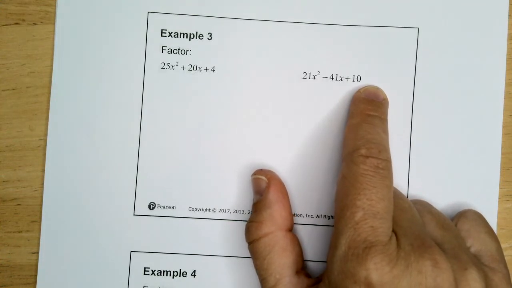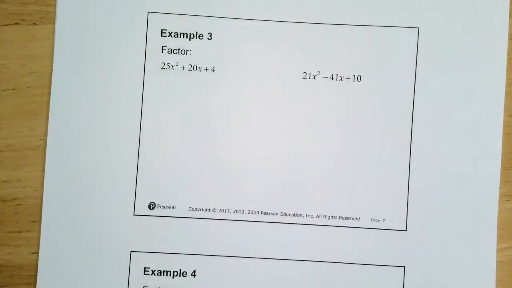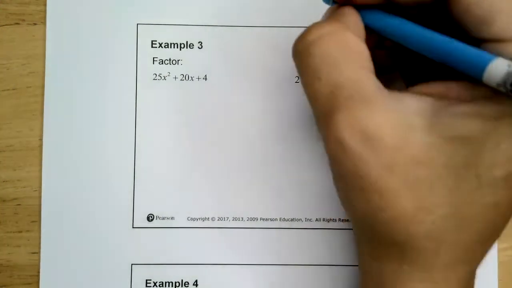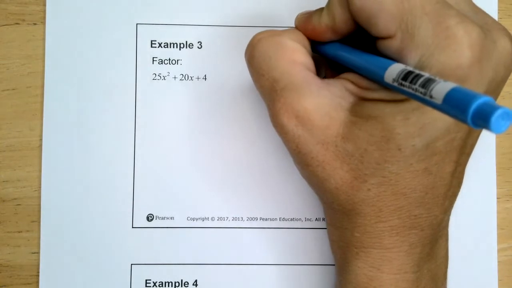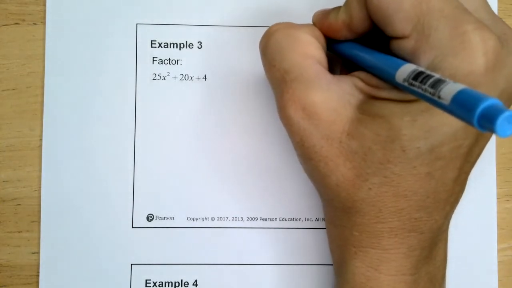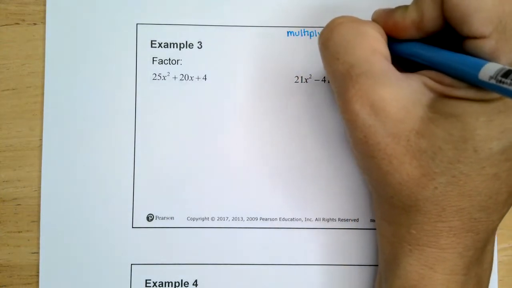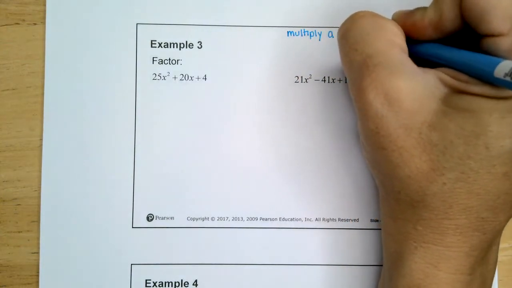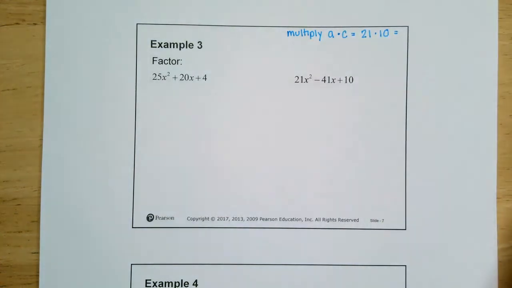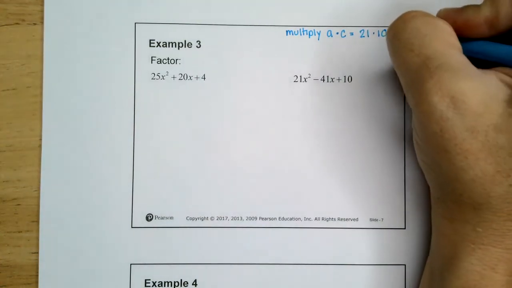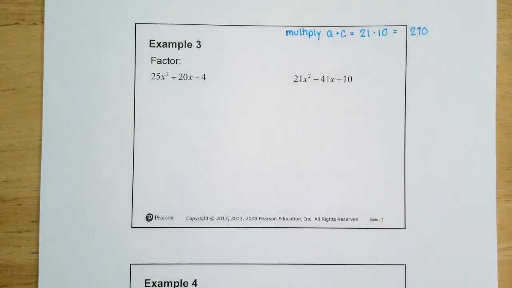Instead, we are going to multiply a times c. So we start with a times c, which is 21 times 10. We're starting with a serious one. 21 times 10 is 210, right? So we end up with 210.